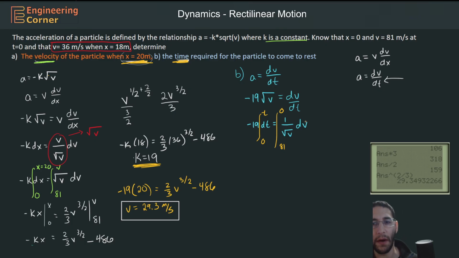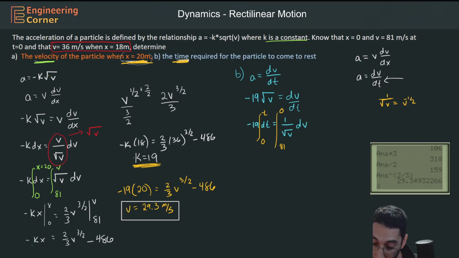So now all we have to do is take this integral of 1 over the square root of v. So what is 1 over the square root of v? The way I like to do it is, the square root of v is v to the 1/2. So 1 over the square root of v is v to the minus 1/2.